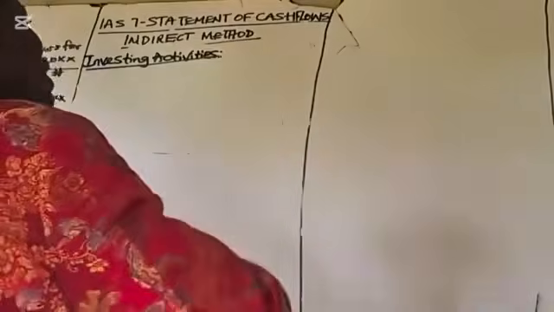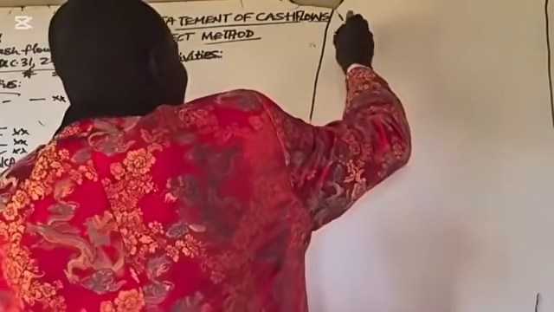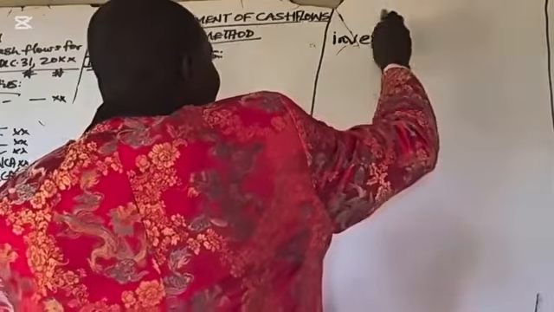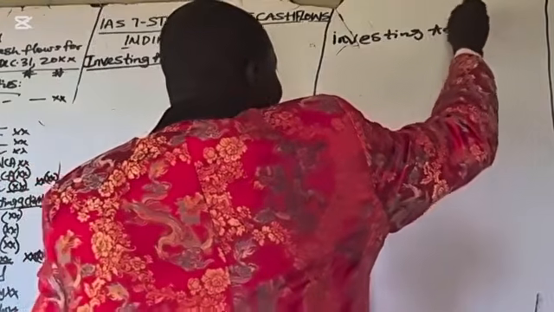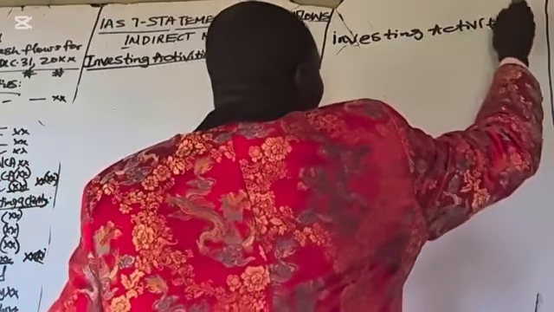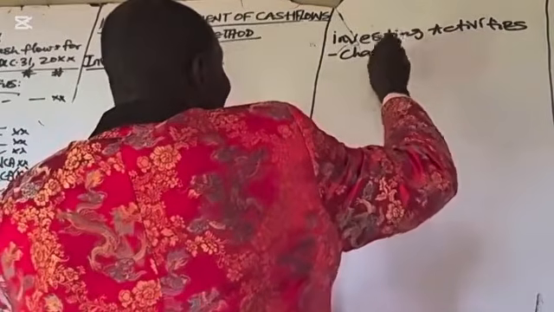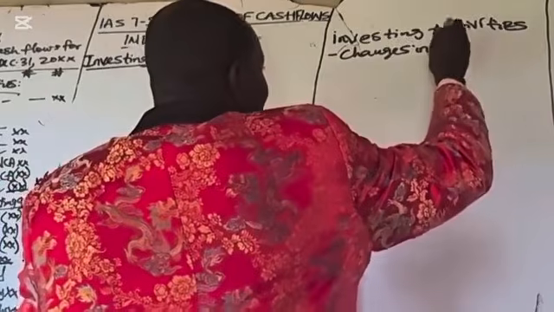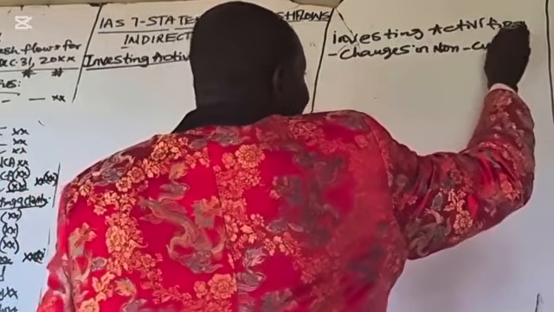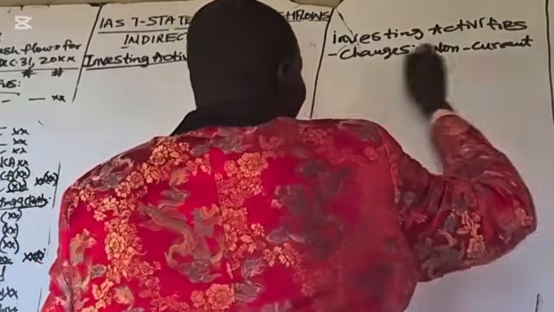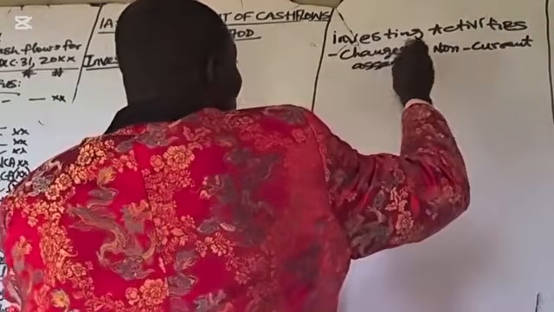So whenever you get to this section under the investing activities, what you should always examine is changes in non-current assets. So this is what you should always check.